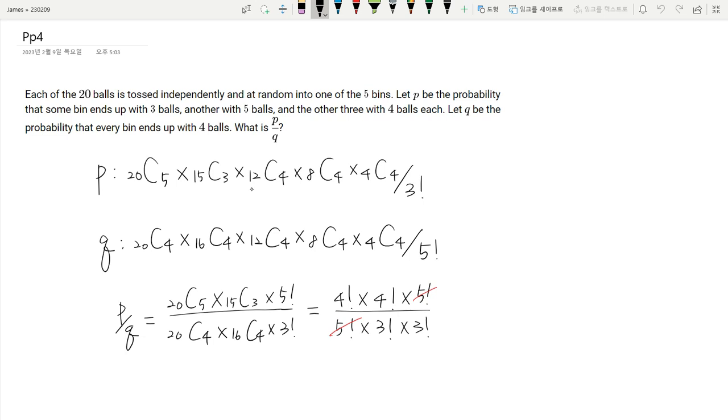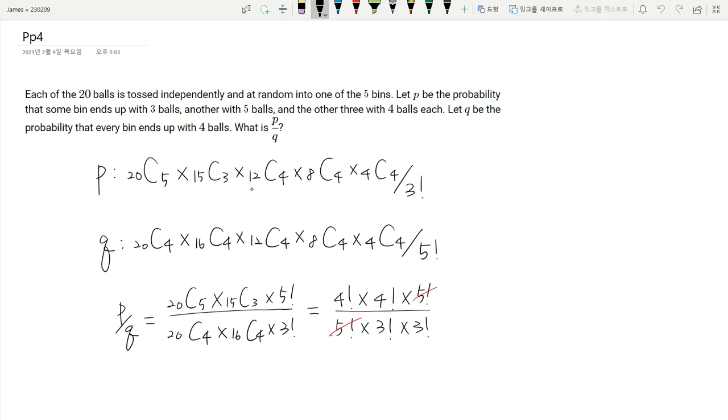In the case of 20C5, we need this 5 factorial at the bottom. And for the 15C3, we need 3 factorial.